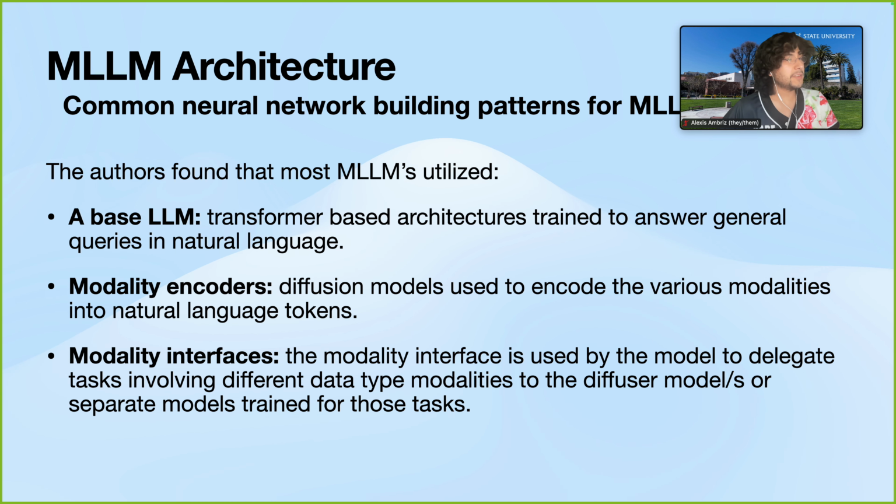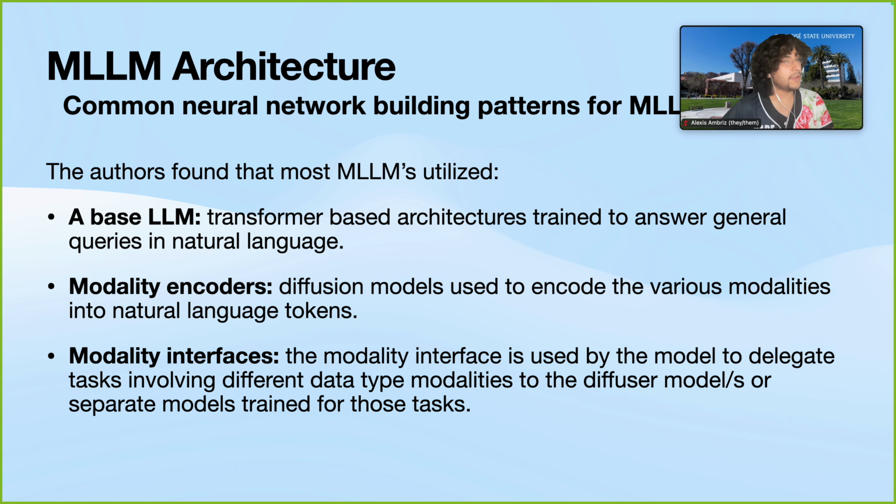And the modality interface is the kind of connection that the LLM uses to connect to the encoders or the diffusion models. So it would recognize that there's different data types, and then it would use the interface to connect to the diffusion models and receive back the tokens, and then combine everything if there's many data types, and then make a single response.